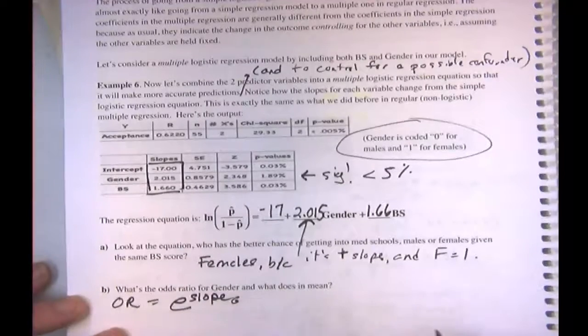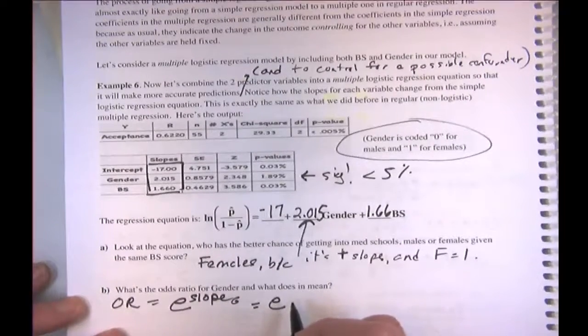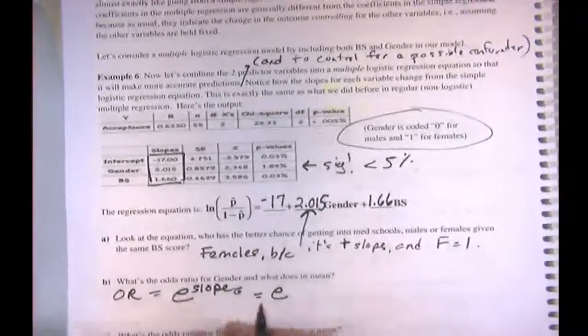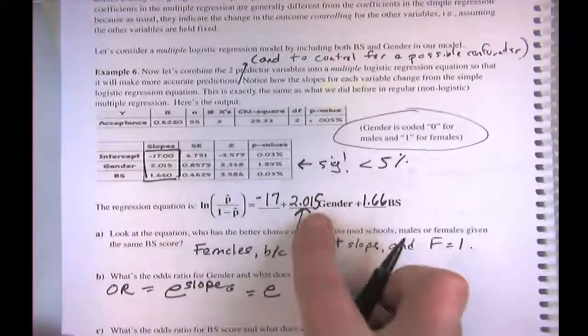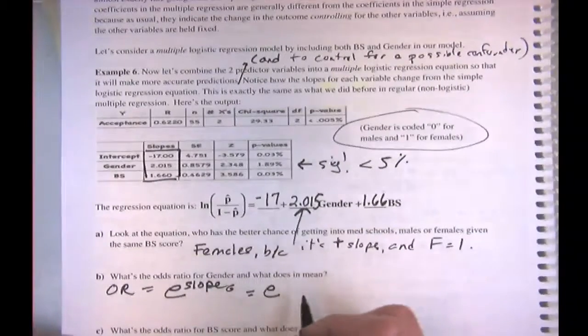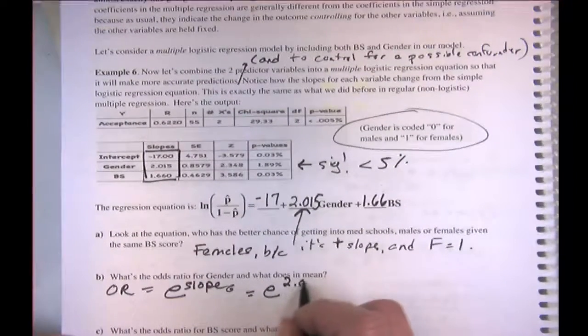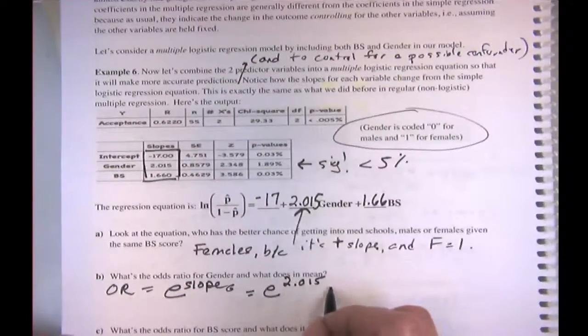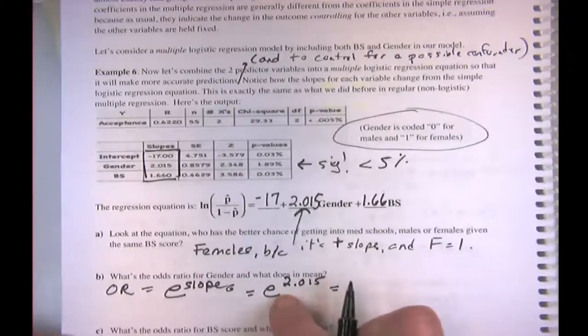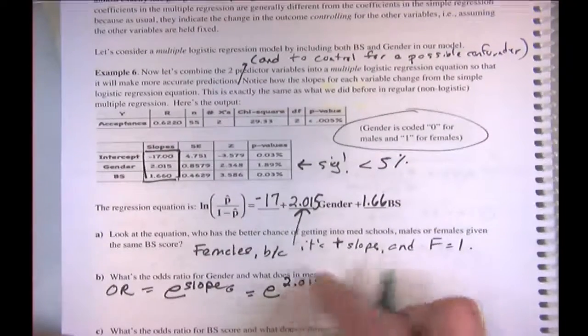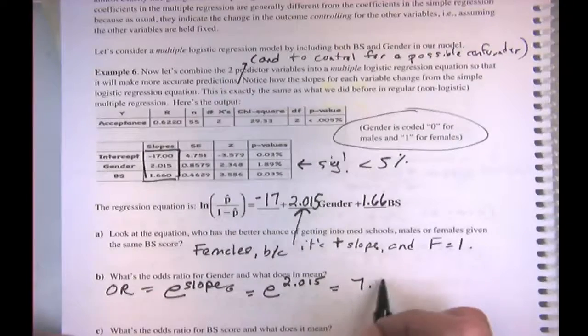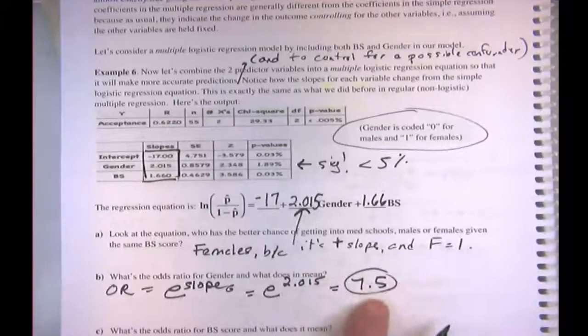I'll just put a G for gender. So let's just see what that is. It's going to be stronger. Before it was 2.25 for gender, but now look at this coefficient, it's really changed. So now it's going to be e to the 2.05, right? That's the odds ratio, which is 7.5, much stronger.